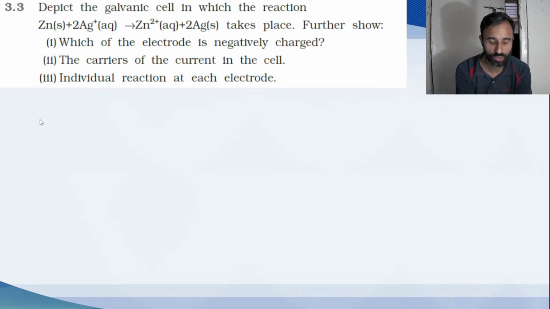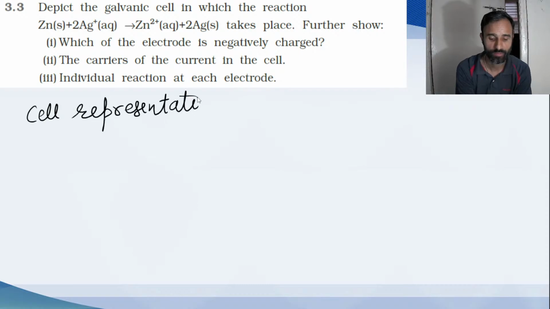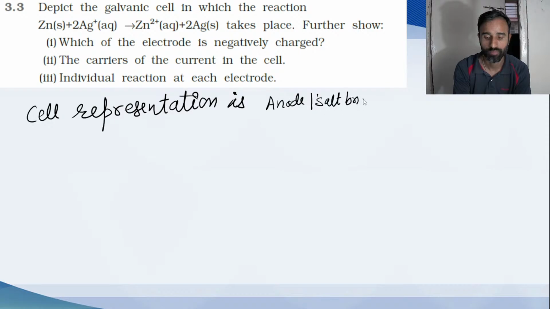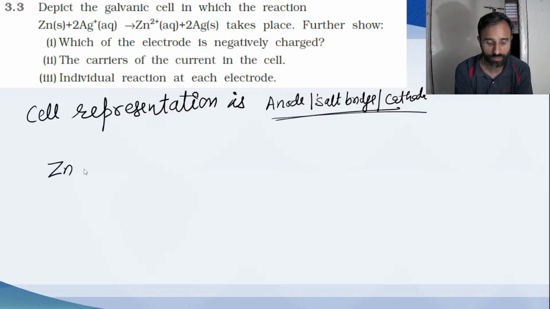So, is the cell representation. So what is cell representation? Cell representation is, first we write the anode part, then the salt bridge, then the cathode part. This is the way to represent. That means first we write zinc solid to zinc 2 plus aqueous.